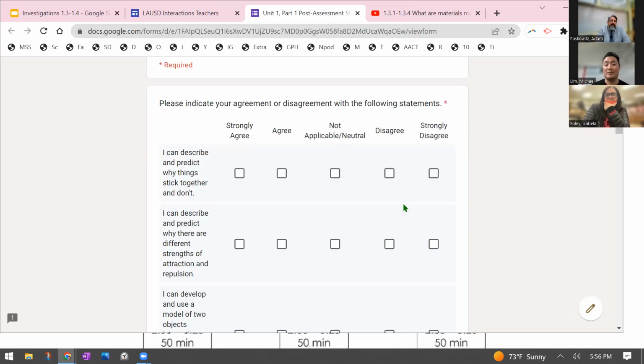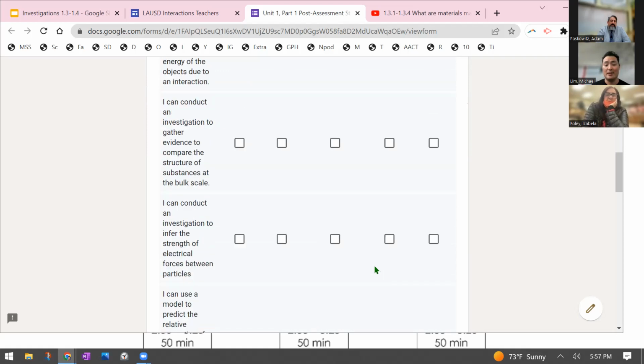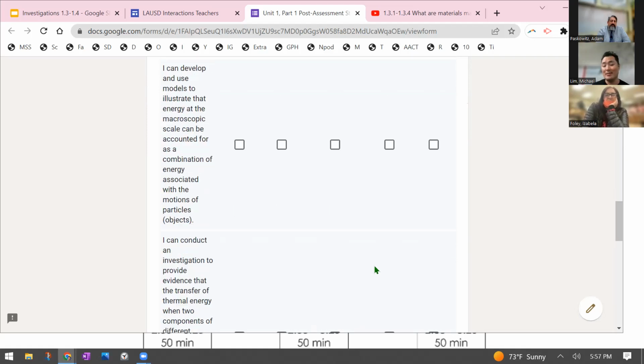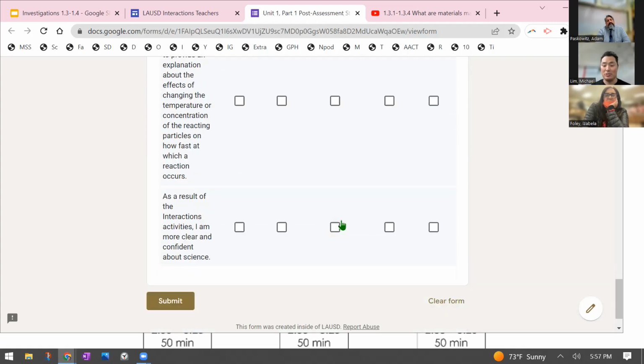This is reflective, a subjective survey that students will indicate. When Adam and I see this information, we can know what to focus more on in terms of coverage and depth. And for you as a teacher, you can see what you might want to change or modify or emphasize again in your instruction.